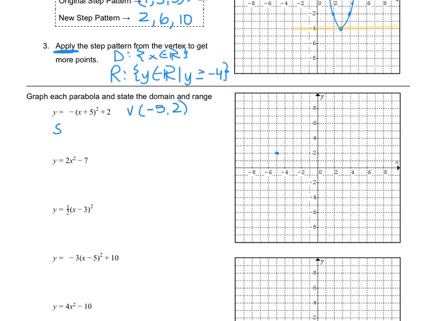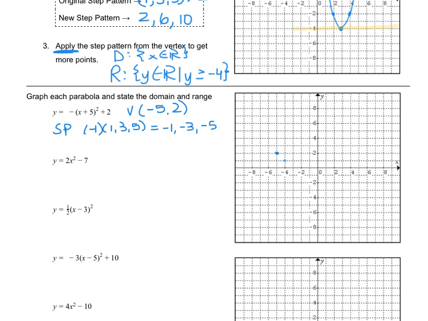Next, for our step pattern, which I'm just going to shorten as SP, I'm going to take that original 1, 3, 5 and multiply it by the a value, which is negative 1. So that means it's going to be negative 1, negative 3, negative 5. And a negative step pattern just means when you move to the right one, you're going to go down that step. So let's try it out.